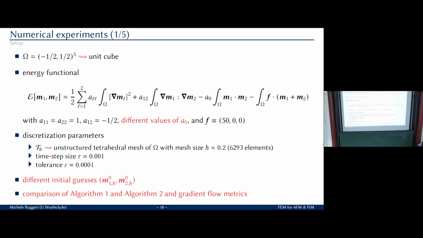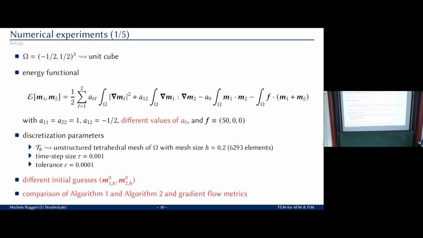These are, for completeness, the discretization parameters, but you can forget about them. I just want to mention that the discretization parameters and the material constants are chosen in such a way as to resemble the right size that you should consider in micromagnetic simulations to resolve the dynamics, the length scale and everything.